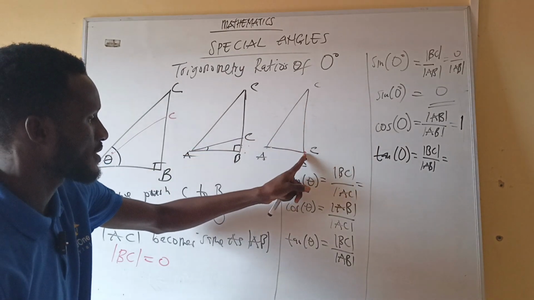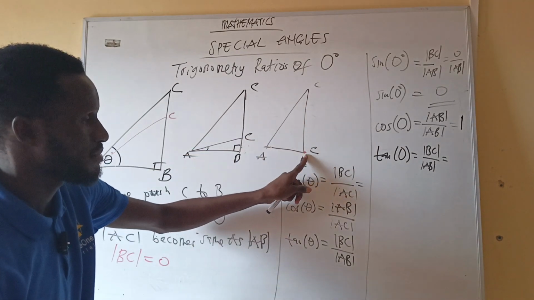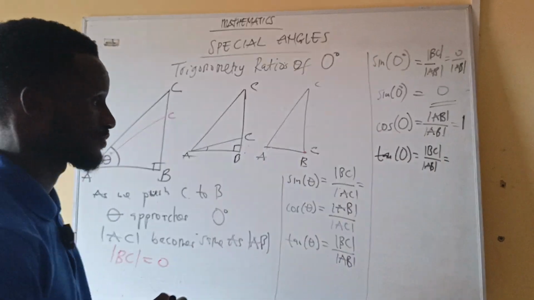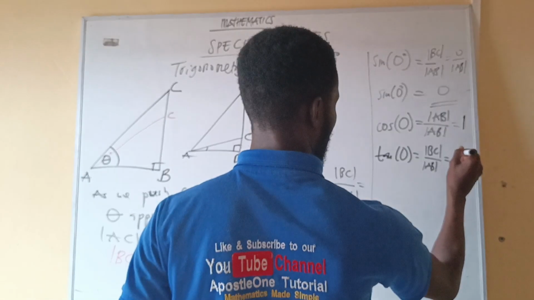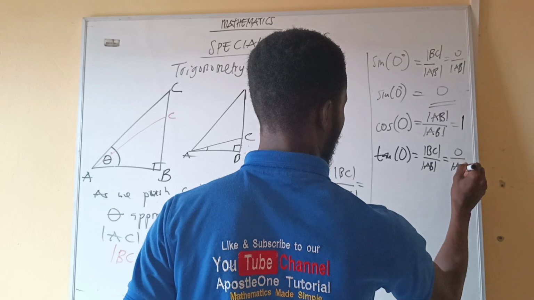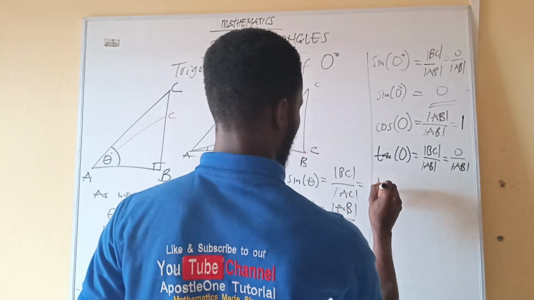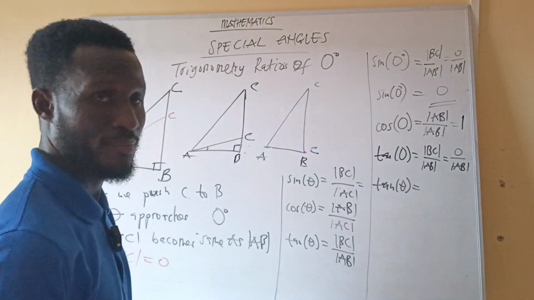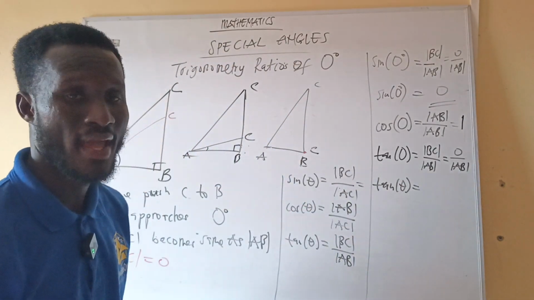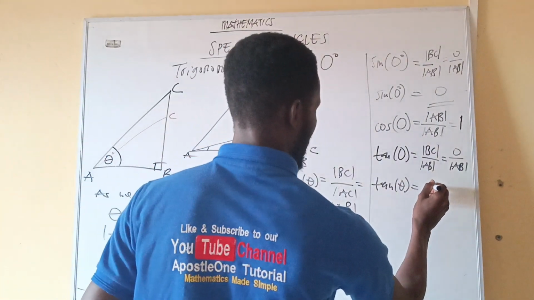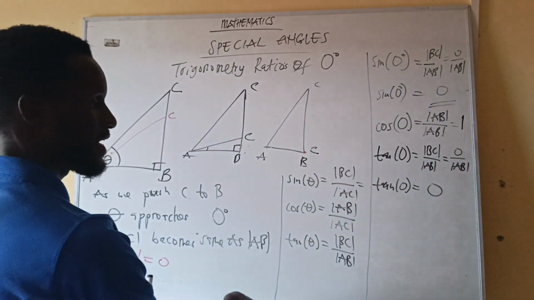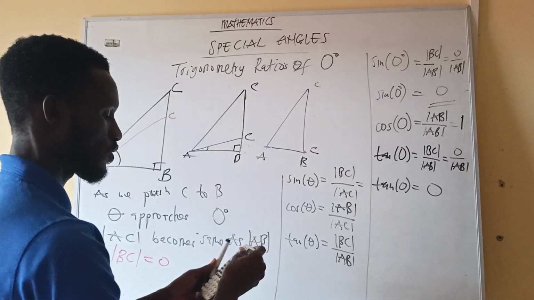When this one becomes 0, the BC becomes 0. The BC becomes 0 divided by AB. Now for that matter, what is 0 divided by AB? 0 divided by AB is 0. So this means that anytime you have tan 0, it is equal to 0.